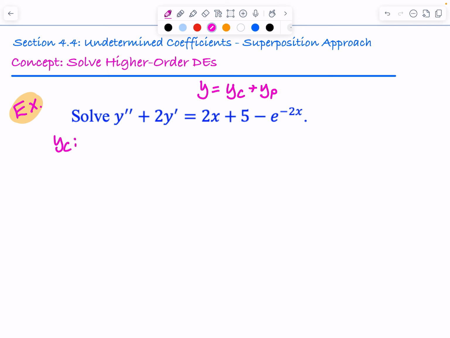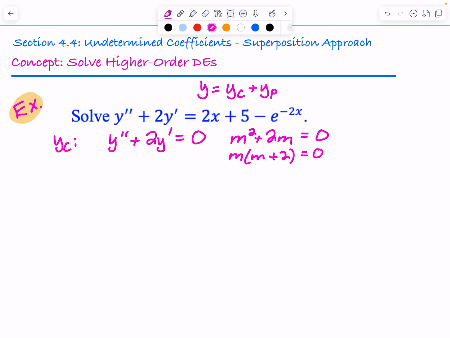All right, so starting off, my homogeneous equation is just y double prime plus 2y prime equals 0. Okay, we switch this to m squared plus 2m equals 0. Well, that's going to lead us to having two solutions. If you factor, you get here, and that tells me that the solutions are 0 and -2.